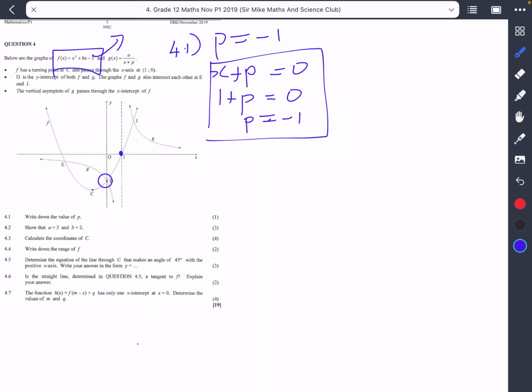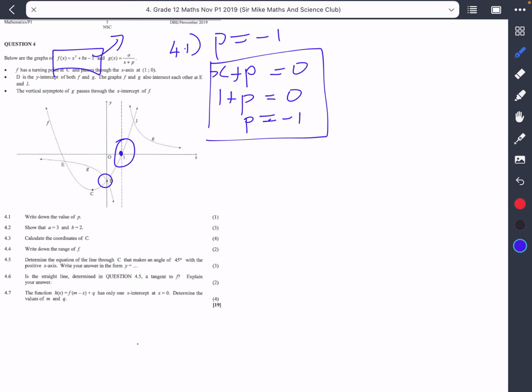So to find the value of b first, I'm just going to take this coordinate that I have there and substitute it into the f of x equation.